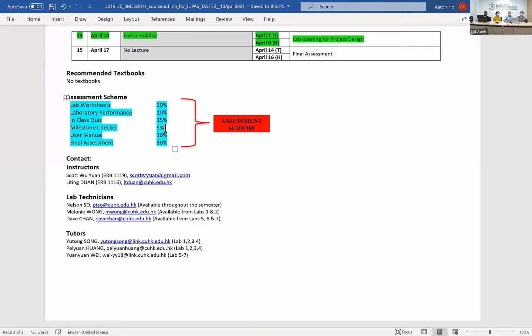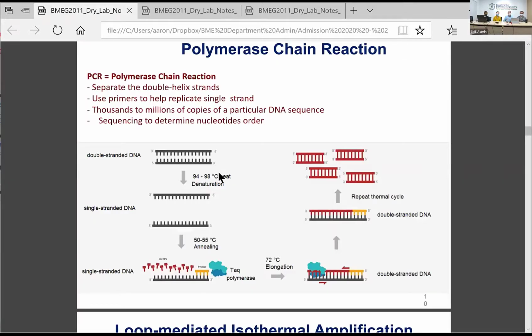Now, I'm going to share the screen for the second part of the laboratory work. The key behind DNA amplification is a process called polymerase chain reaction. This is actually part of the notes that I use for my part of the course.